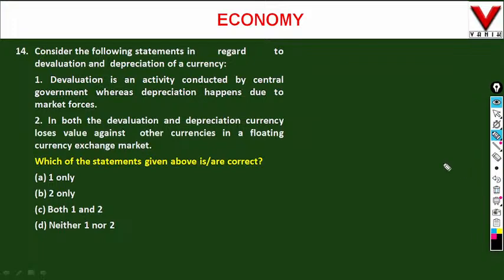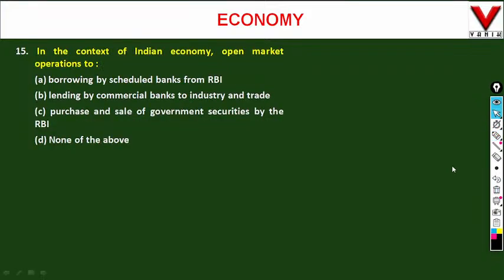Right. Next question and final question of the day. In the context of the Indian economy, open market operations refers to what?